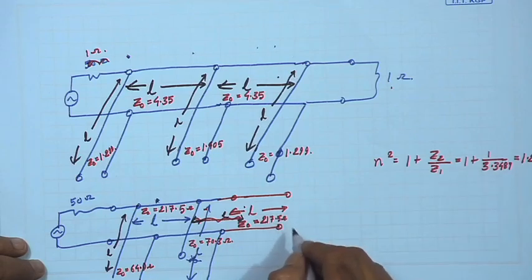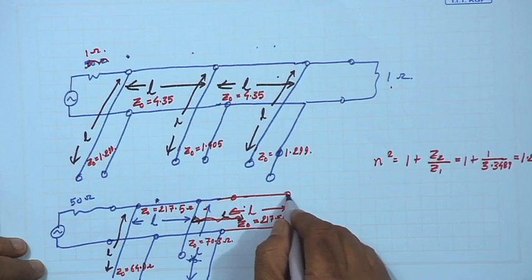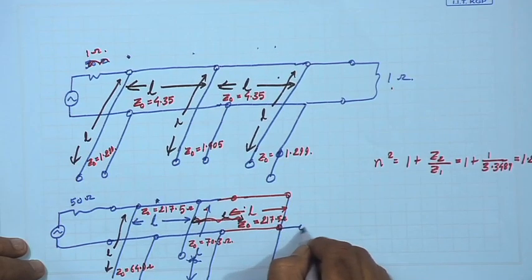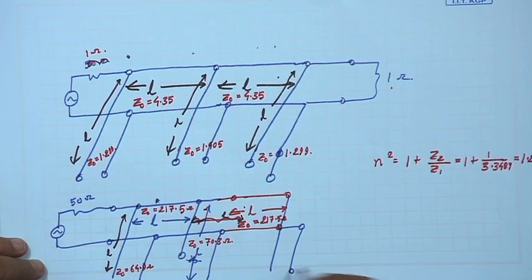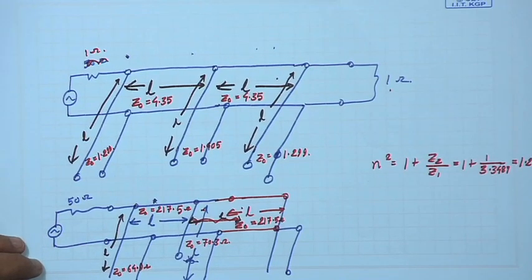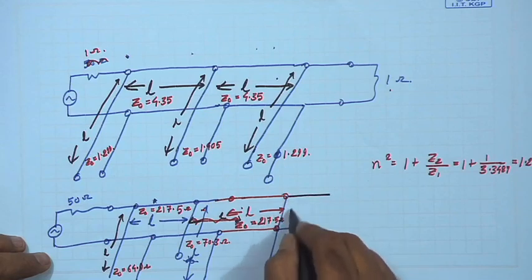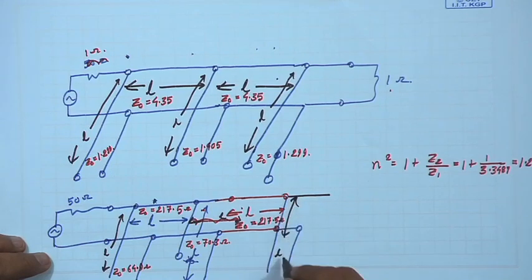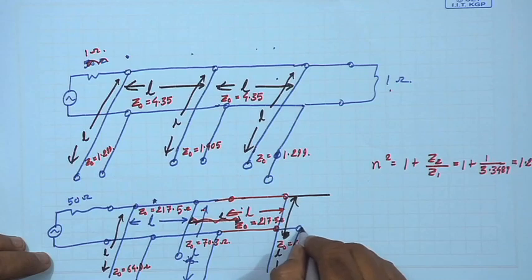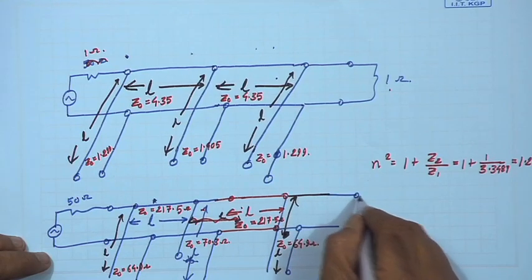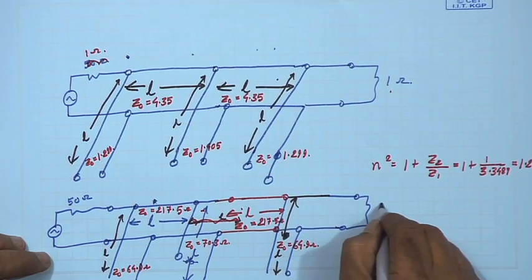Then from here another stub, again of length L, and this stub will have Z naught equal to 64.9 ohm, and then you will have this 50 ohm line.